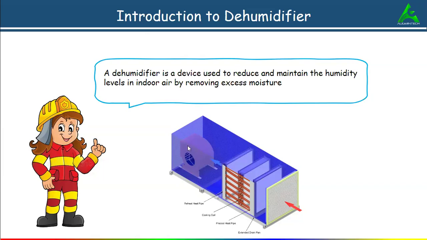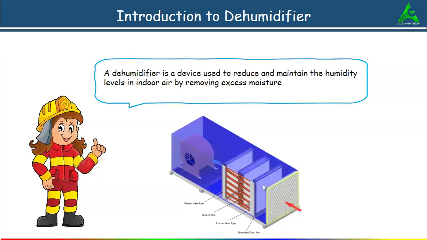You can see this fan is continuously sucking air through the filter, and it goes to the extension drain pan, then heat pipe, then cooling coil, and the preheater heat pipe. Once the air passes, it goes to the pre-cool heat pipe.